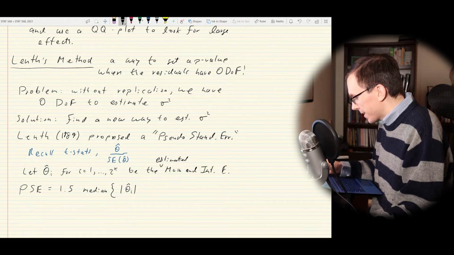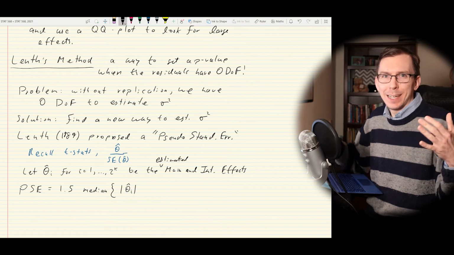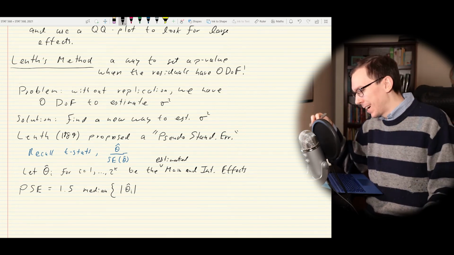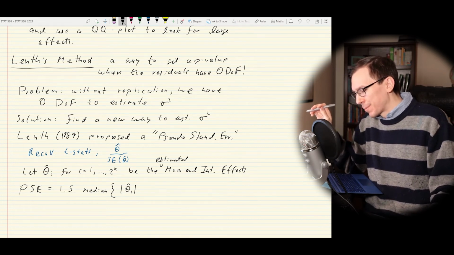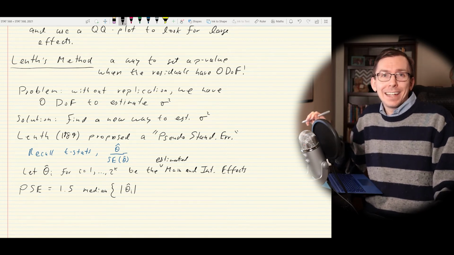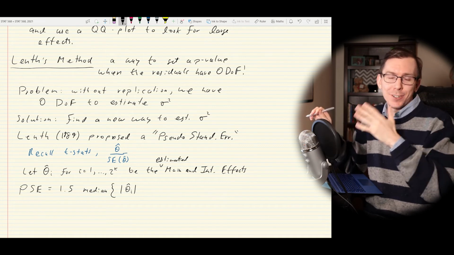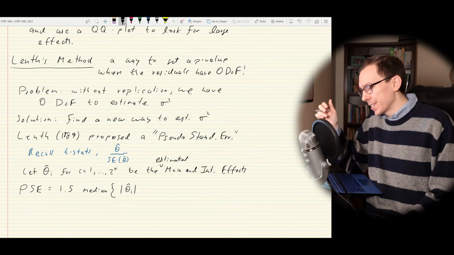interaction effects. So rather than indexing them by some super index, I, J, K, L, whatever, not K, because K is the total number of factors that we're testing, we're just going to say theta hat I is going to be the main effects and the interaction effects from 2 to 3 to 4 to k-way interactions.